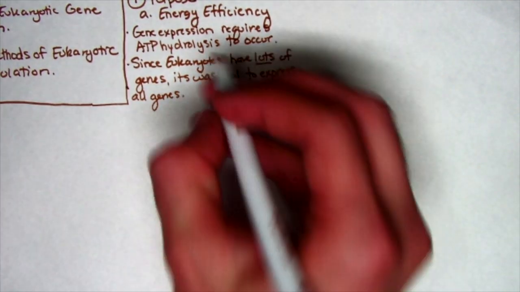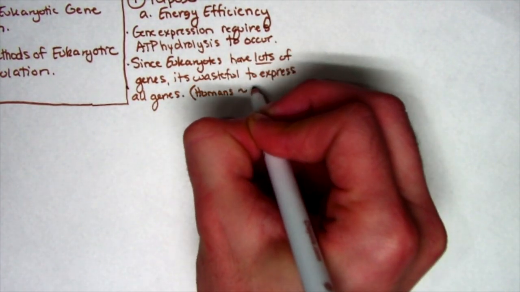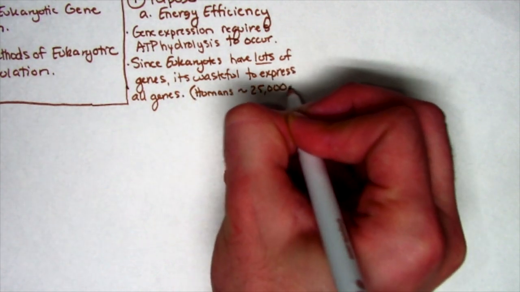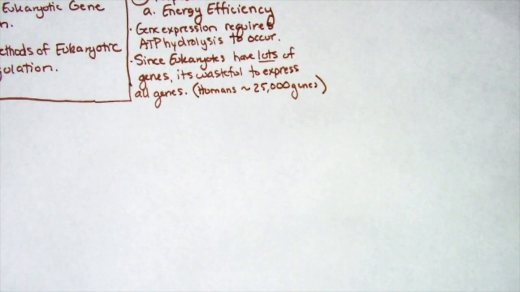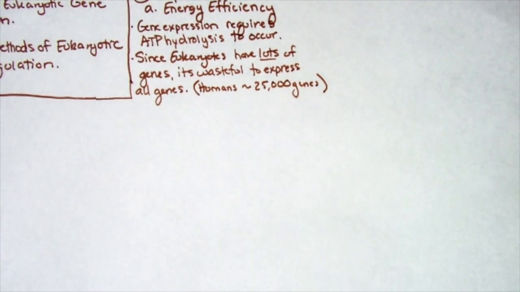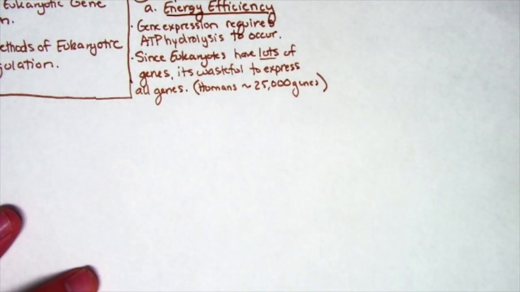To give you an estimate, for humans, there are about 25,000 genes across the 23 chromosomes. And we only express a portion of those genes, depending on what part of the body and what cells we're talking about. So it's energy efficiency.